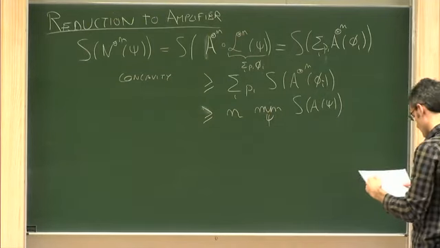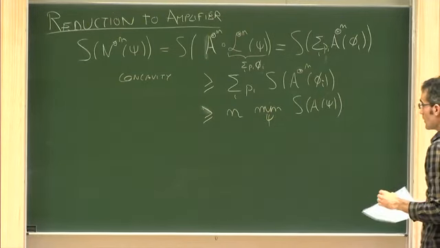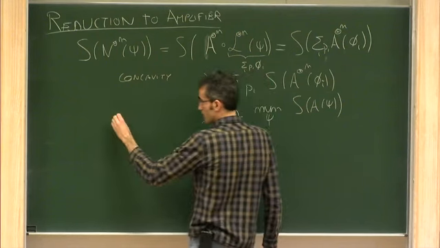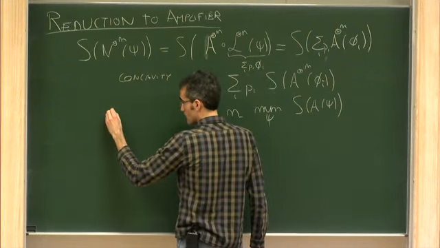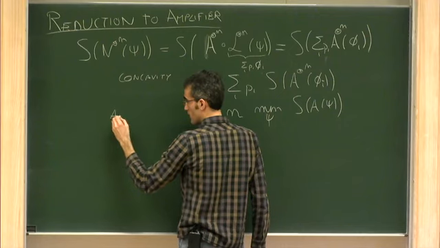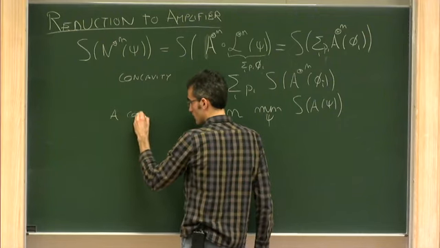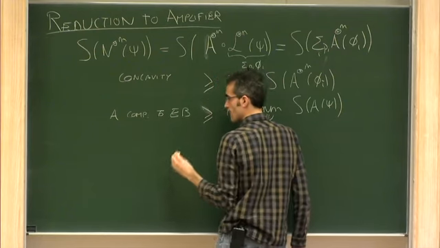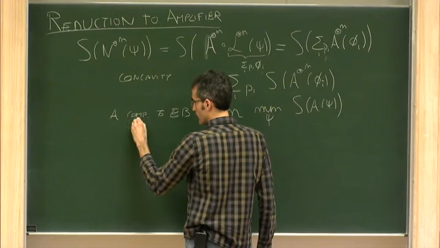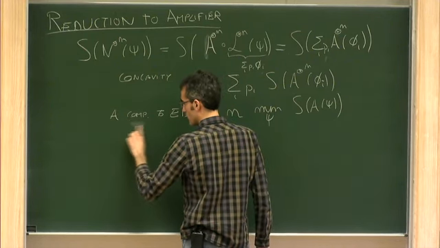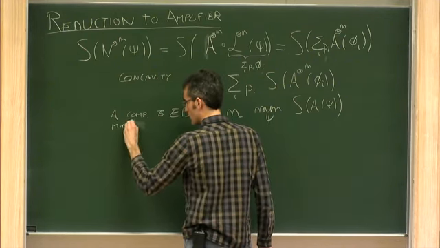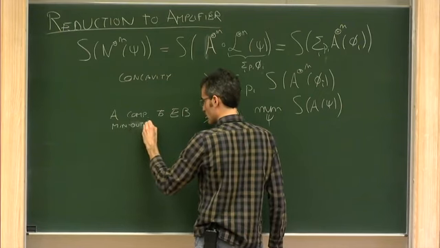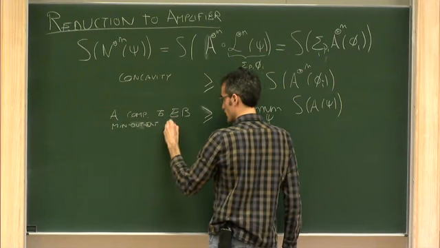This was using the fact that the amplifier is complementary to entanglement breaking, and therefore the minimum output entropy is additive.